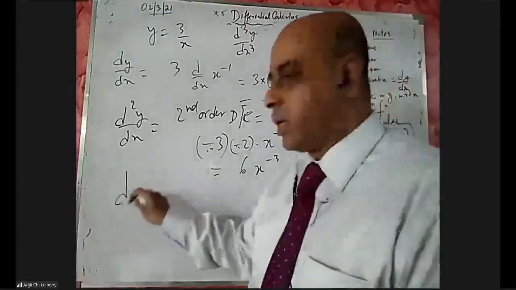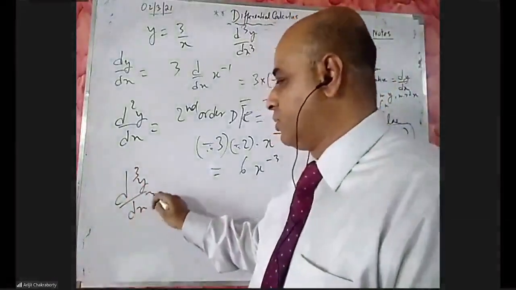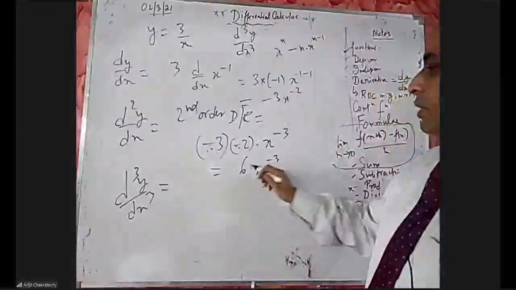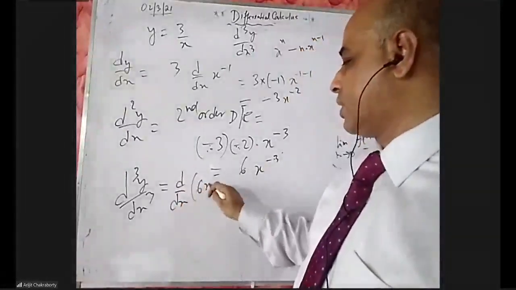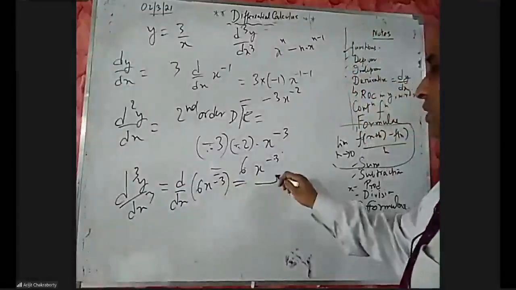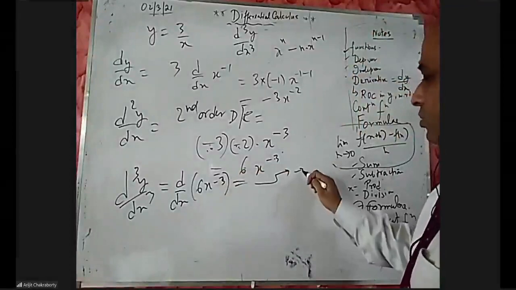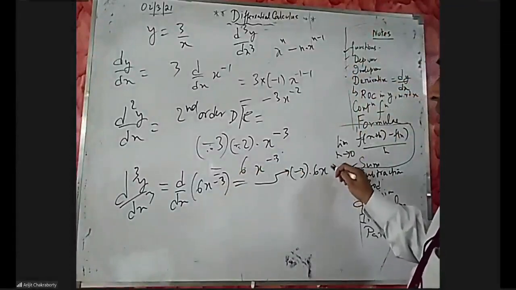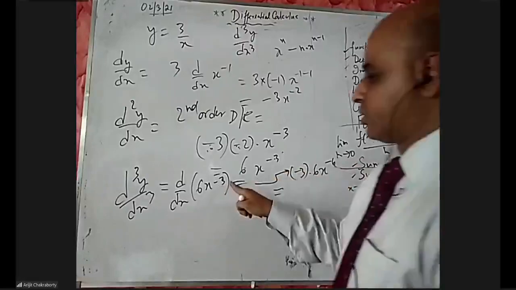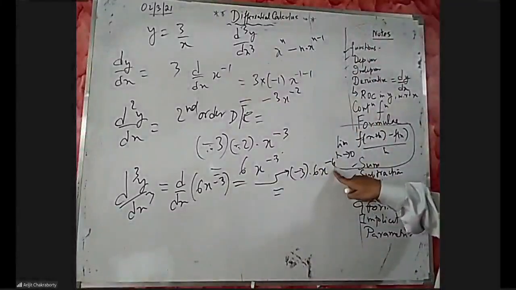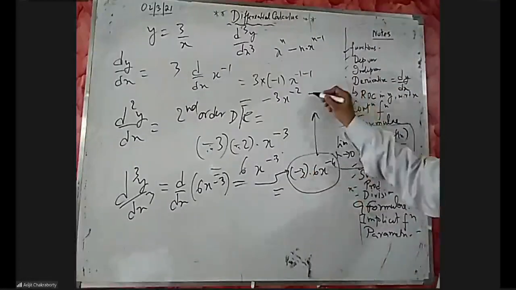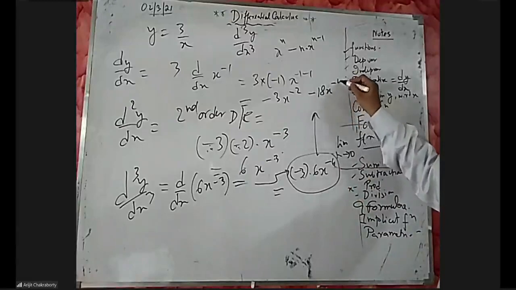Now I will go for the third one, d cube y by dx cube, the last step. So I will take 6x to the power minus 3 and I will differentiate d dx of 6x to the power minus 3. I will take 6 outside, and x to the power minus 3 means x to the power n, which means nx to the power n minus 1. So minus 3x to the power minus 3 minus 1. If I write this here, it will be minus 3 into 6, that is minus 18x to the power minus 4.